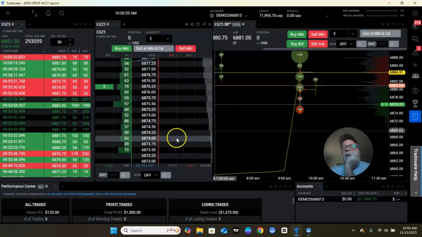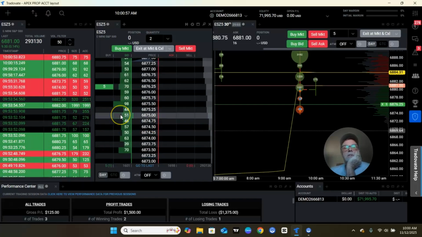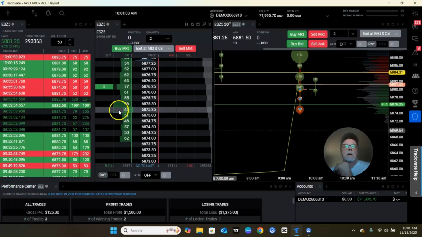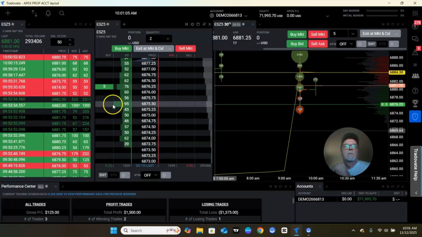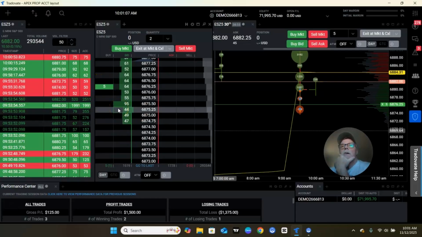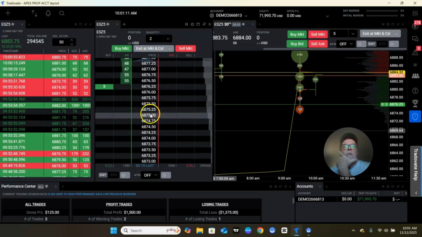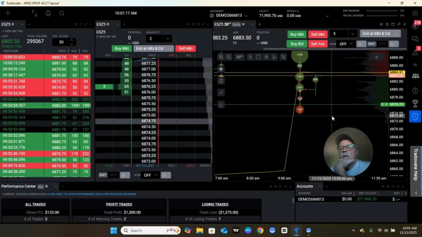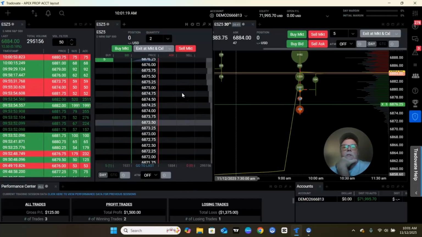I don't put a lot of stock into these guys because they spoof. You're not supposed to do that. It's illegal, but they do it. They put these big orders in to make the algorithm go down there and get it. But right before it gets there, they'll pull their orders. They'll just hit cancel and cancel it. See, they did it. It's gone. So it doesn't mean squat. It can help you. It's a tool.